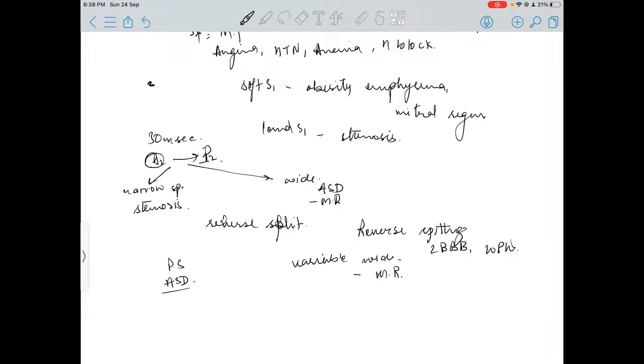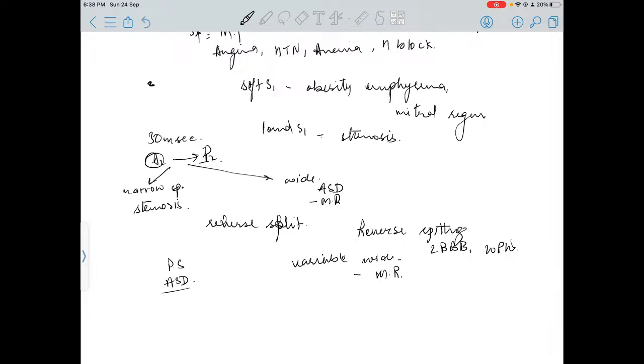And wide split will be in case of pulmonary stenosis. Pulmonary closure is delayed, and ASD, it could be because of the atrial septal defect or it could be because of mitral regurgitation. Now they can be fixed or they can be variable wide splitting.